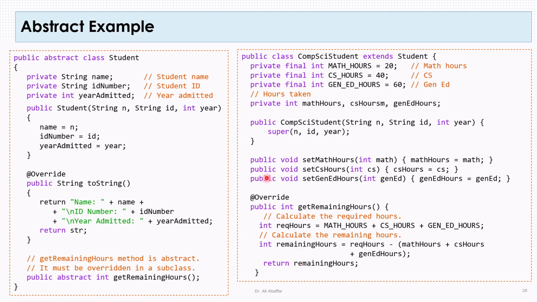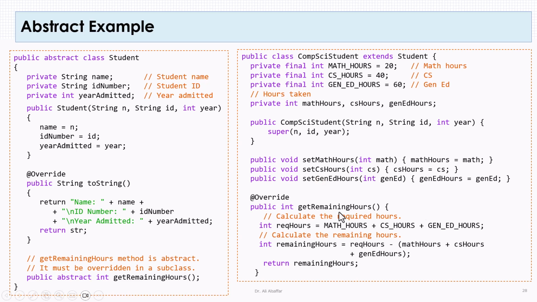So now, if you want to create objects, you have to create objects from the subclass, and you cannot create objects from the superclass student. So the superclass student is considered a general class where we don't provide implementation for some of its methods, but when we extend a class as a subclass from this superclass, we can put the implementation for these methods.